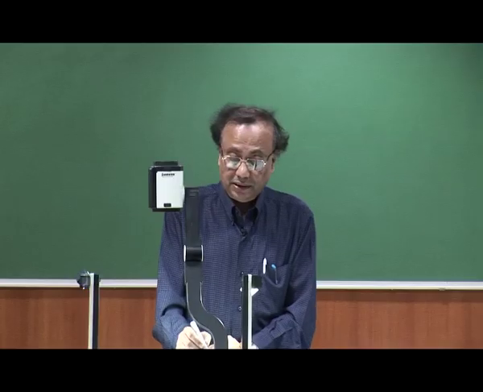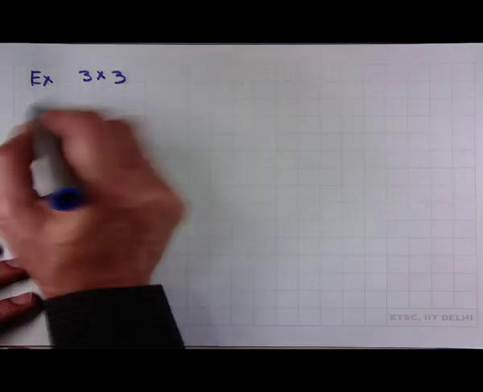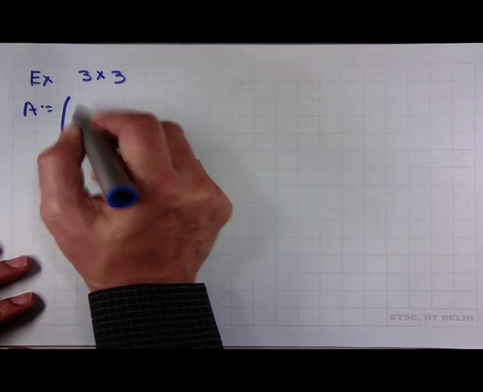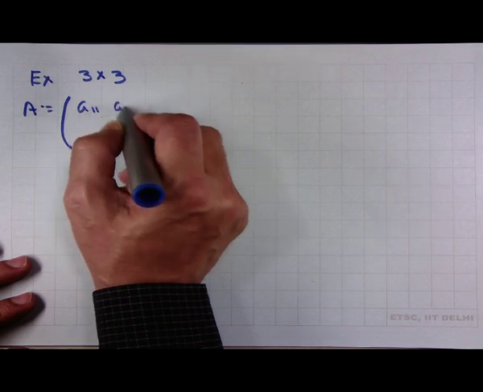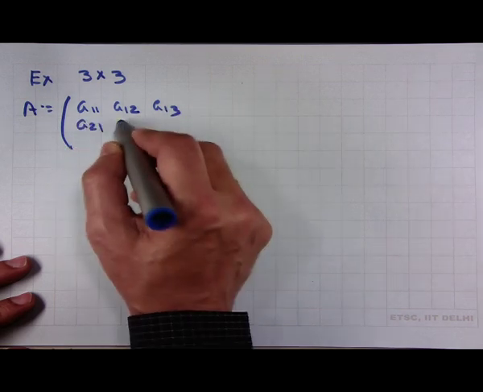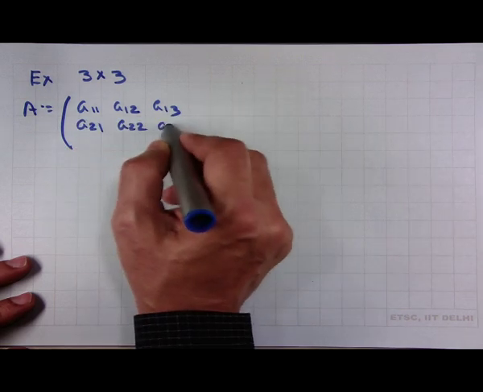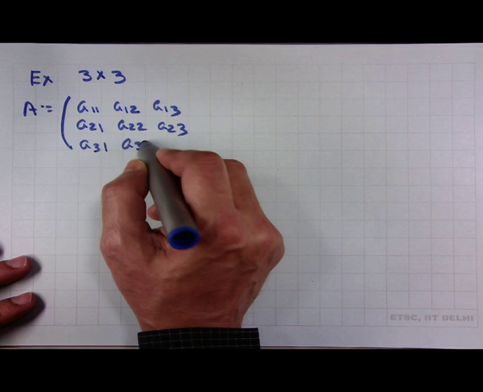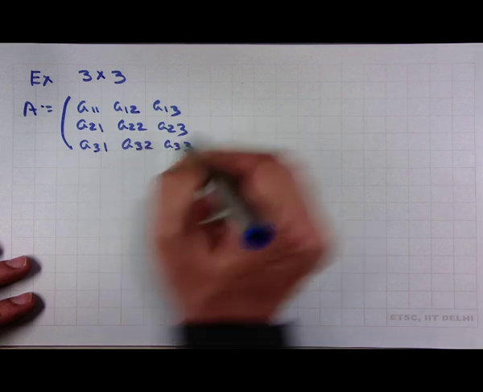Let us now illustrate it with respect to 3 by 3 matrix. A is equal to A11, A12, A13, A21, A22, A23, A31, A32, A33.